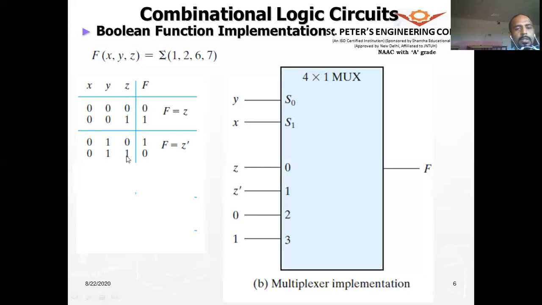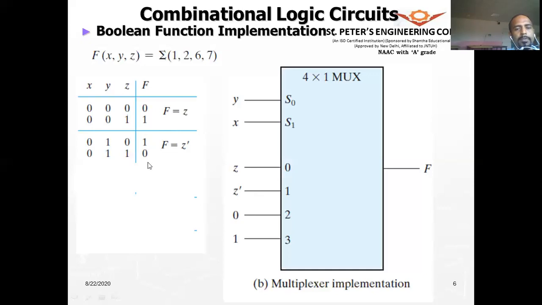When z is 1, the z complement will be 0. So for this combination of x and y, that is 0 and 1, the input line or the data line I1 is selected, and for that we have to give the complement of z.